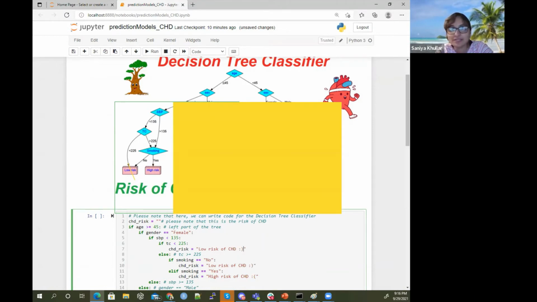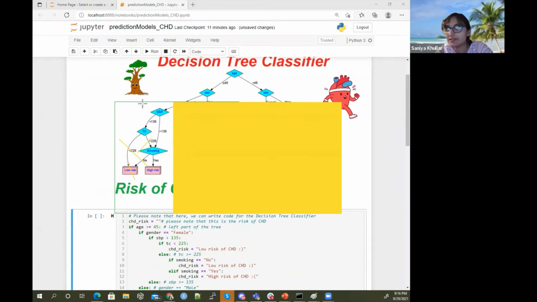So we have essentially now taken care of this whole part here. We've taken care of this part as well, and we've also taken care of this part here. What we can now also do is, we checked if systolic blood pressure is less than 135.